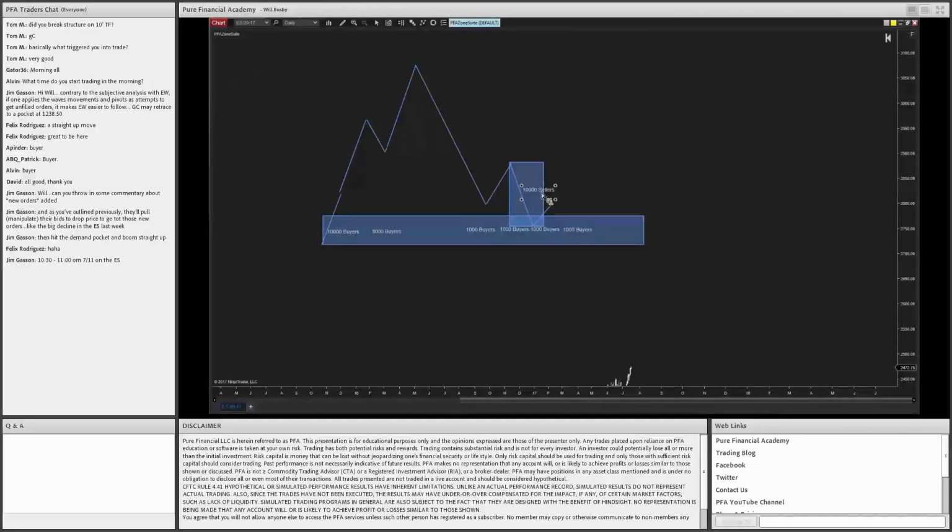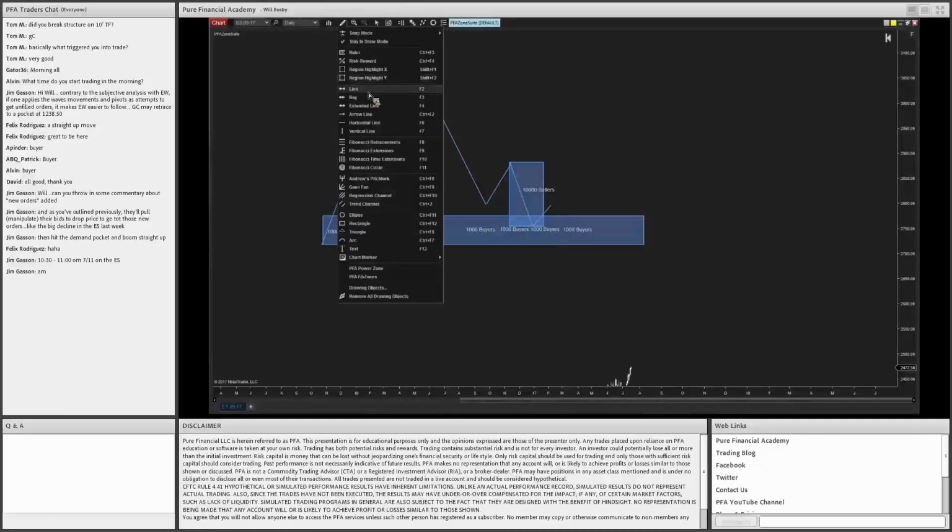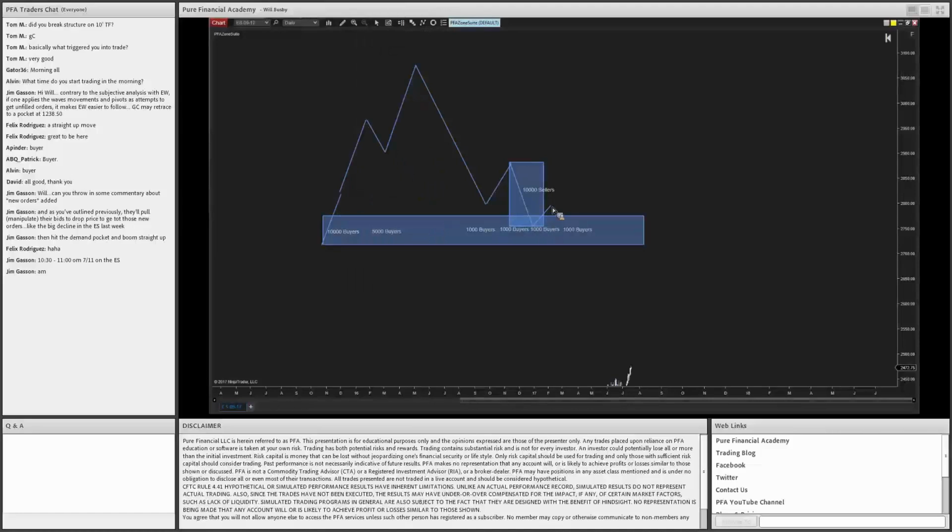Probably the sellers, absolutely. But in order to do that, there's an impossibility of going through that level until we fill every single order that exists there. It's not possible to go through it until we do that. So what we'll do is form this small consolidating area, and then boom, you're going to get massive momentum.